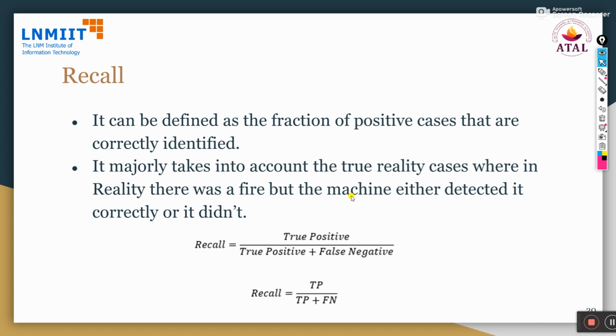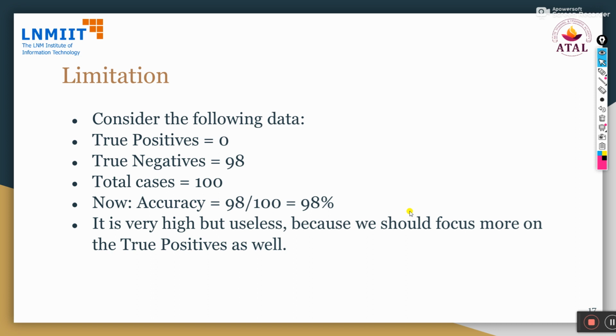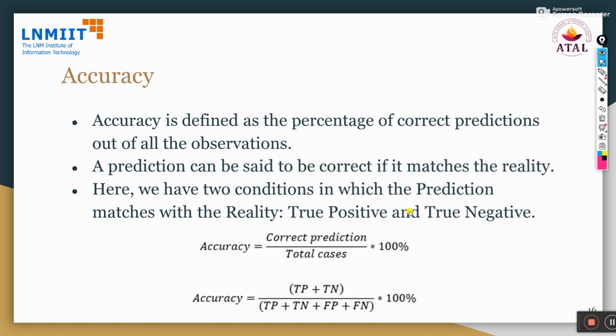And accuracy is defined as true positive plus true negative over true positive, true negative, false positive and false negative, all four sections. Okay, that makes sense.